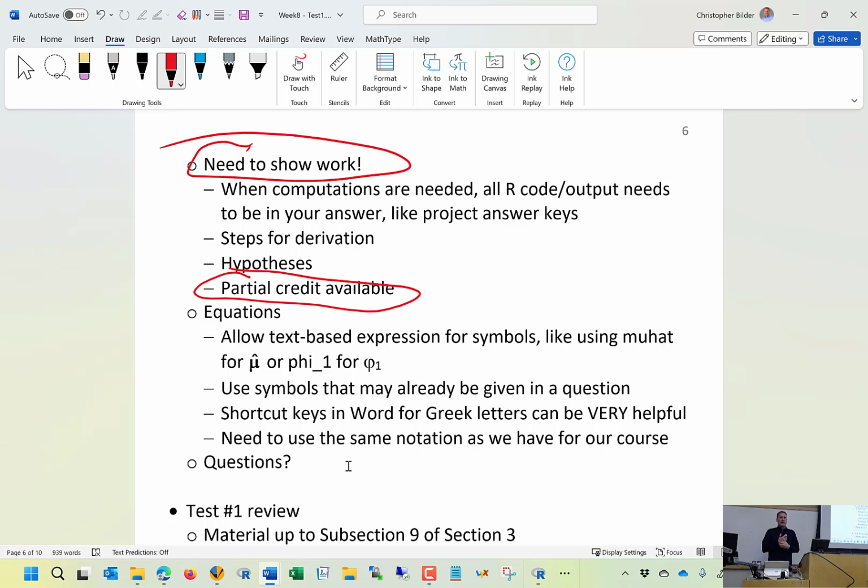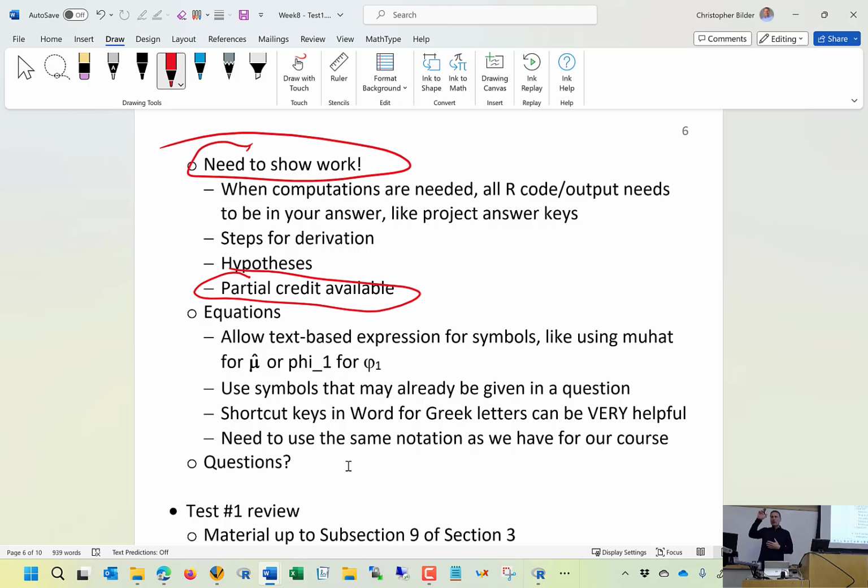So let's say that you needed to estimate an ARIMA model, and you accidentally got the ordering of p and q incorrect. So instead of estimating, let's say, an ARIMA(1,0,0) model, you accidentally estimated an ARIMA(0,0,1) model. Okay? And then you stated the model. By showing your work in this particular case, you would show me your R code and output, just like what we would have in the project.